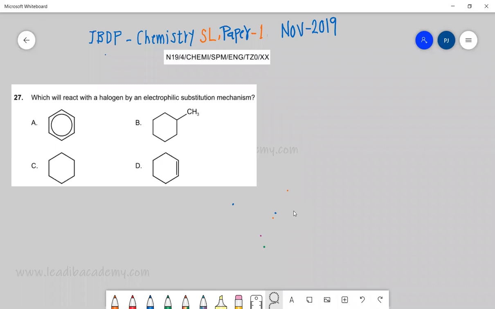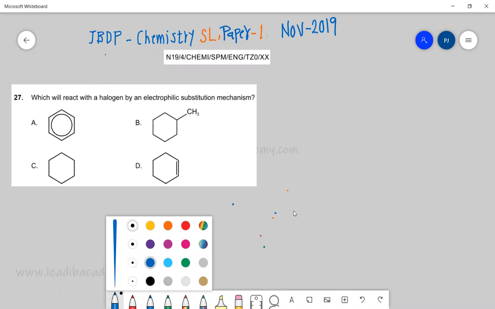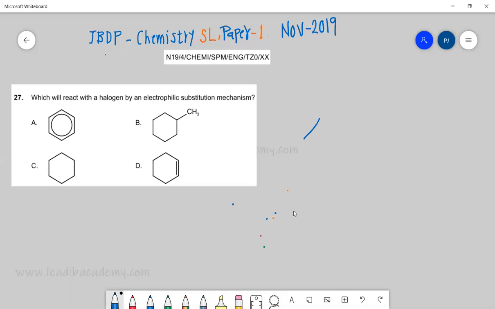Question number 27, which will react with the halogen by an electrophilic substitution mechanism? It means that out of A, B, C, D, which one is going to get attacked by the electrophile. So let's understand. Very, very simple. Consider the benzene.